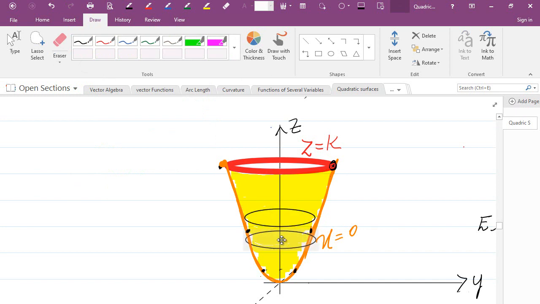So for different values of k, you get ellipses like this that start at the origin, and then the ellipses get bigger and bigger as you go in the positive z direction.